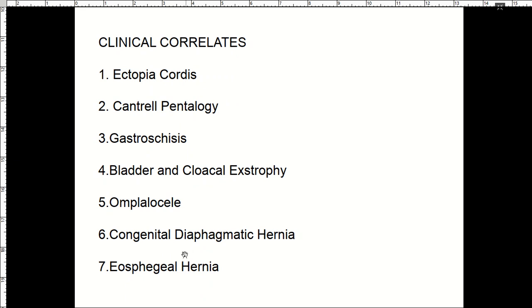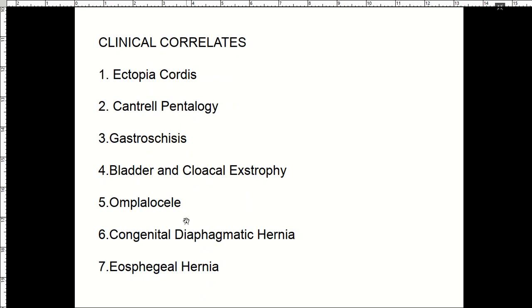And then we go to omphalocele. Omphalocele is a bit similar to gastroschisis, but you also have herniation of loops, right? So remember, normally you have loops in your peritoneal cavity.